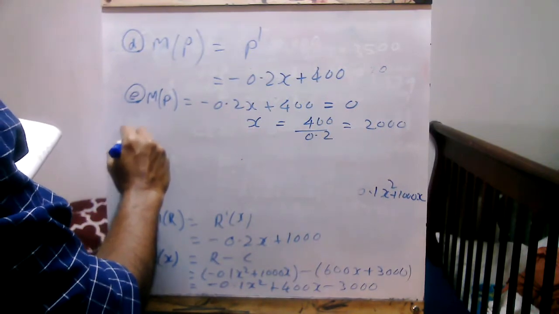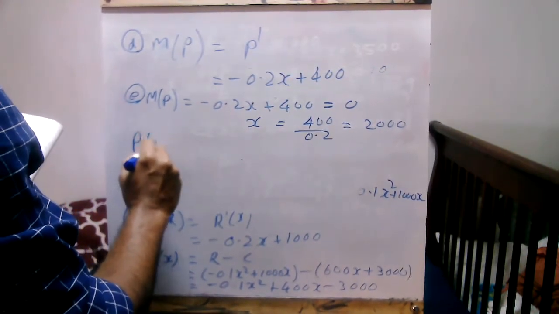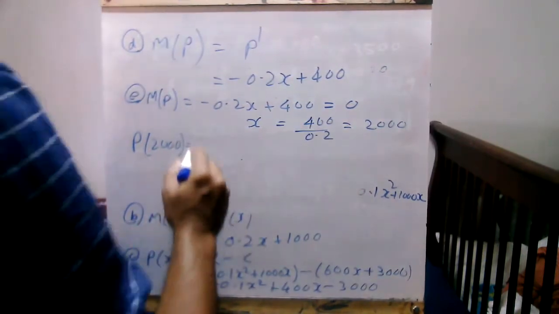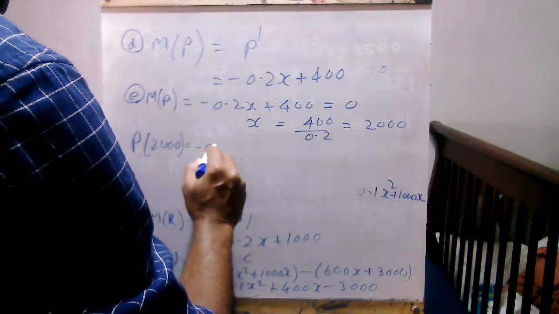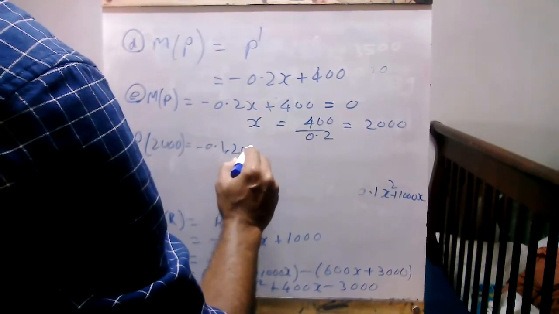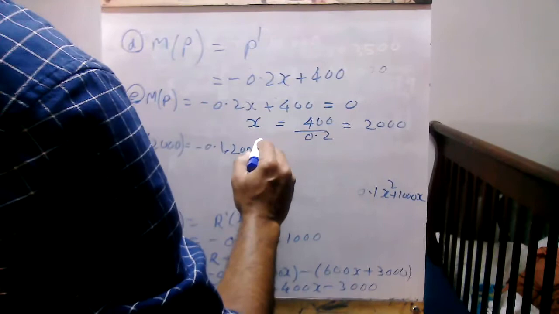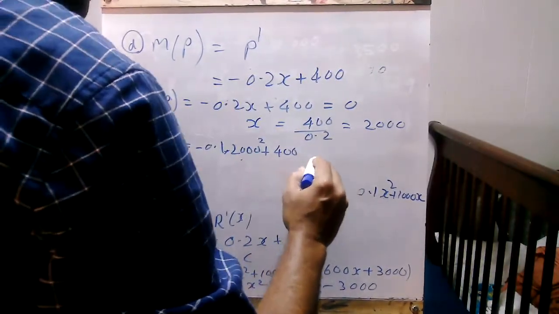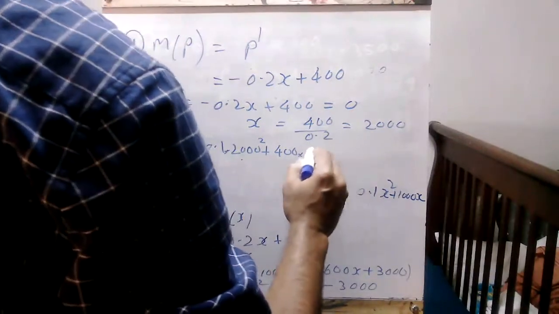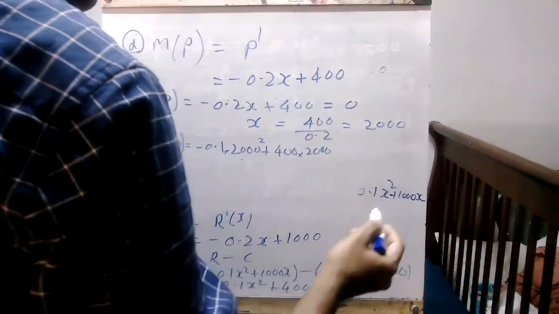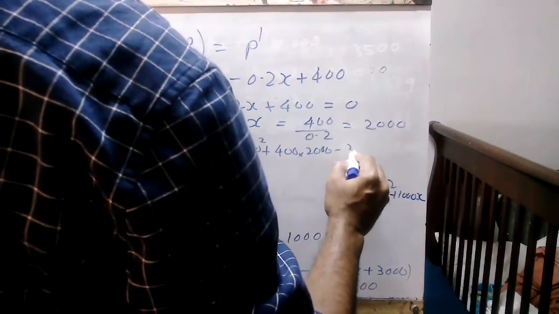It's asking capital P of 2000: negative 0.1 times 2000 squared plus 400 times 2000 minus 3000.